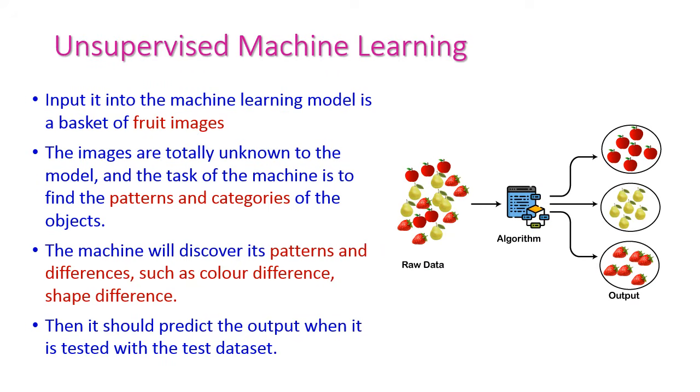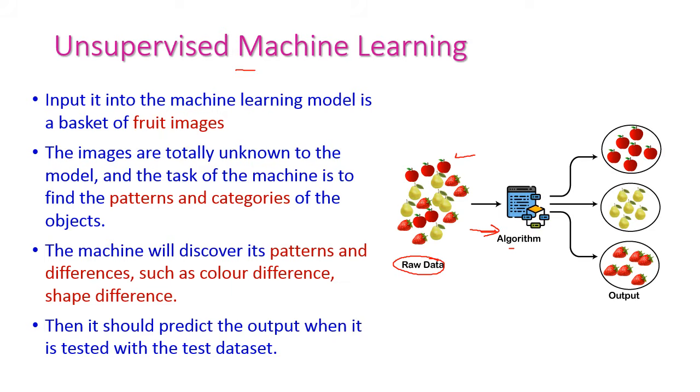Next let us see another example to understand unsupervised machine learning. Here I am going to give raw data, that is, a collection of fruit images, to this algorithm. Now the algorithm tries to find the patterns, size, shape and color of all the given input images, and it tries to find groups of those images.